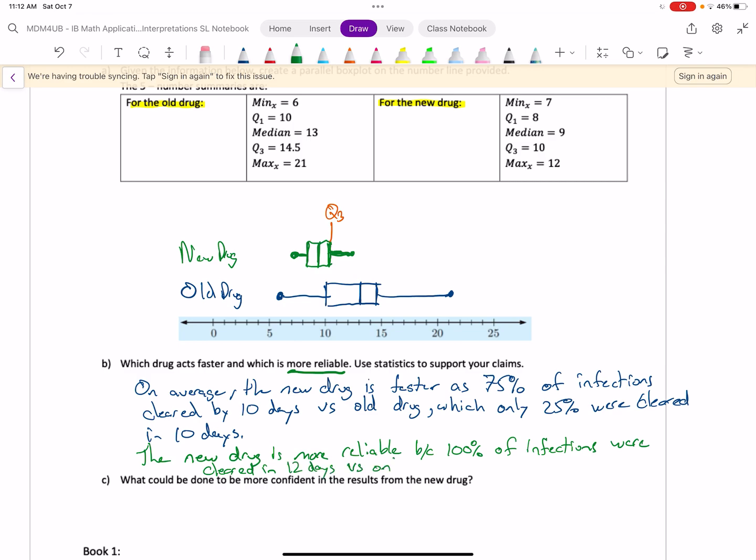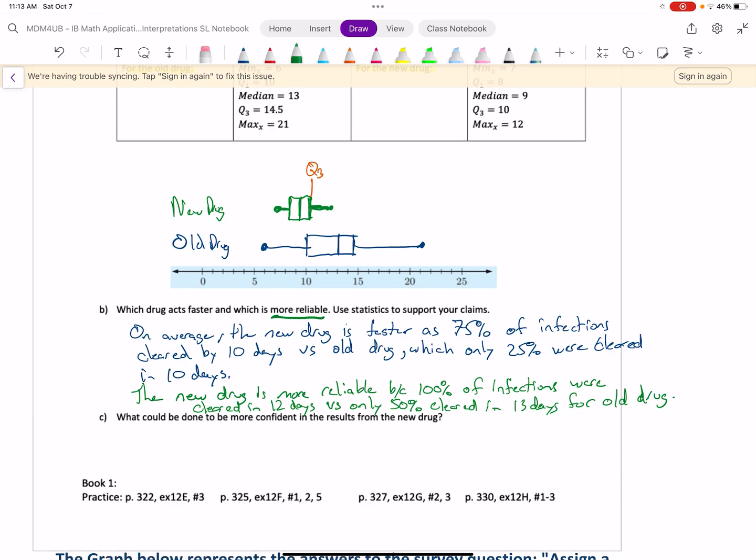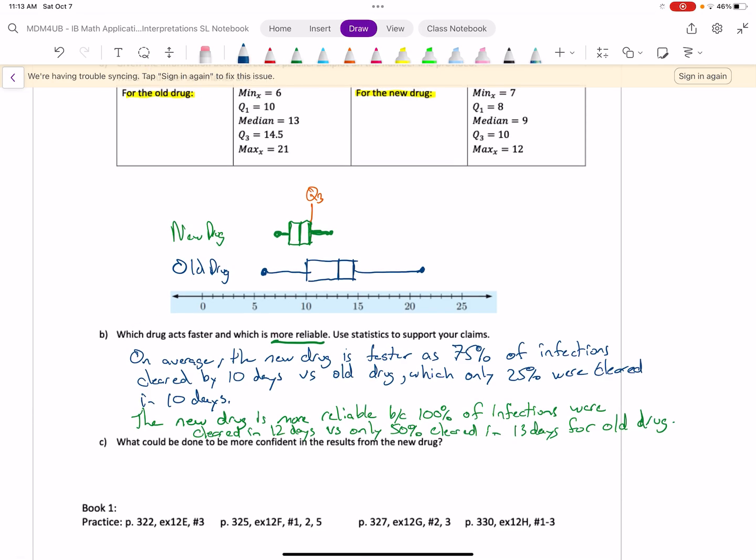Versus only 50% cleared in 13 days for the old drug. So different arguments you could make, but using the stats, that's why we do it. That's why we want to give that information.